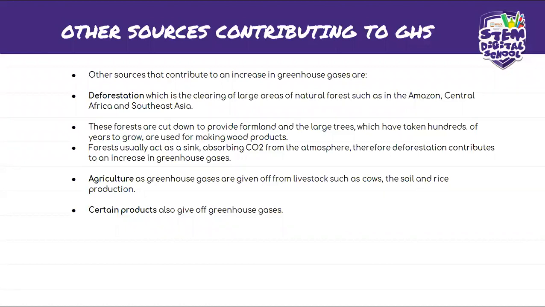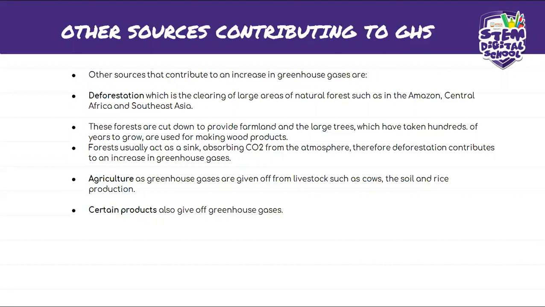The forest uses the carbon dioxide in the process of making food, which is called photosynthesis. So when most of the trees are cut, they decrease in number, so the rate at which the carbon dioxide is absorbed for photosynthesis is also affected.